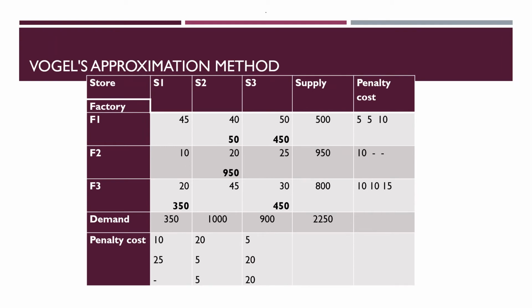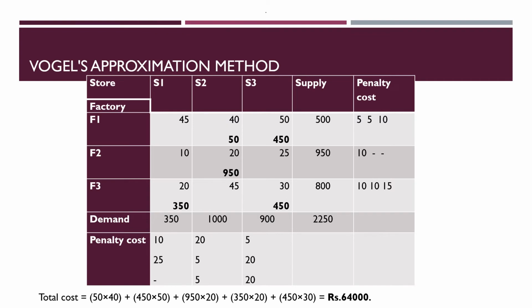And from factory 2 we have supplied 950 only to the S2 store. And in factory 3 we have supplied 350 to S1 and the remaining 450 to S3. When we get the totals, 50 plus 450 equals 500, 950, and 350 plus 450 is 800.